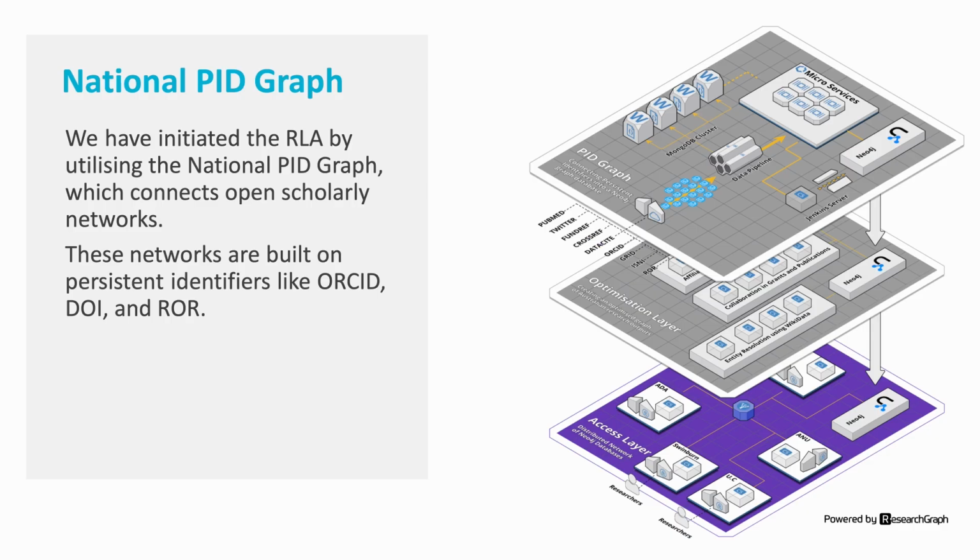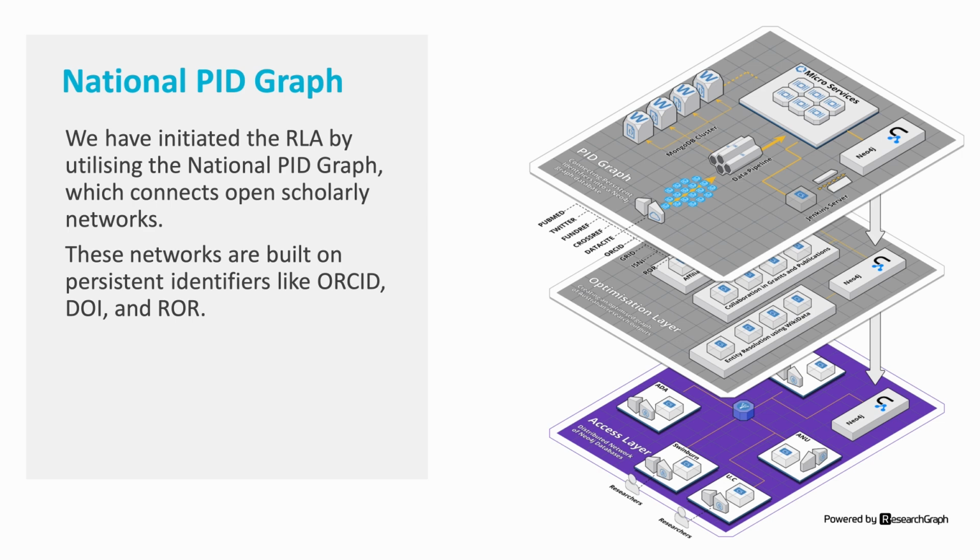Now, the infrastructure that connects the dots for these systems is a national persistent identifier graph that reads the information from different sources, creates a graph out of this, and then optimizes the graph by looking at the Australian ecosystem. For example, for companies, we are linking this information to the Australian Business Numbers, so we know exactly what companies they are and how they are operating in Australia.